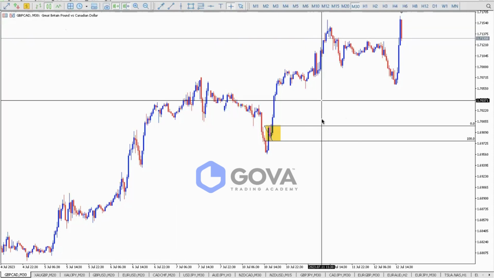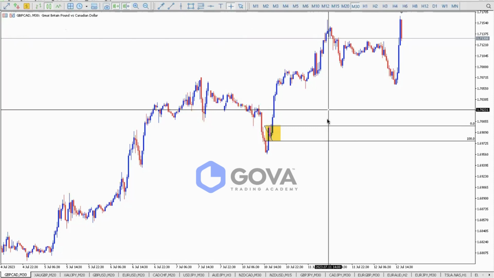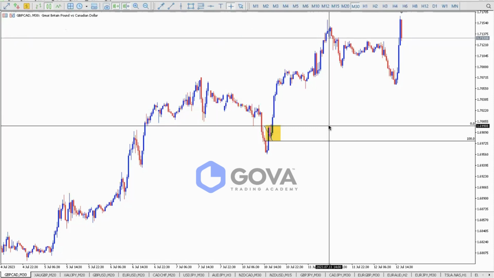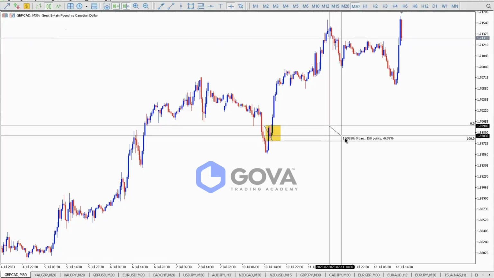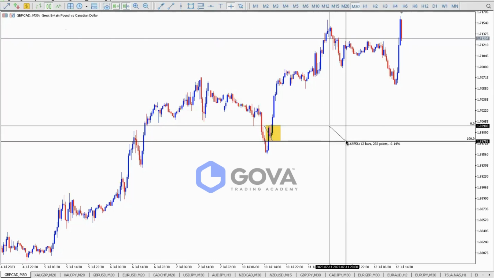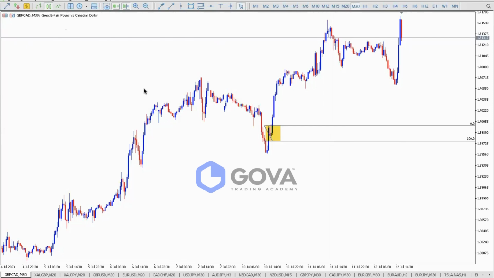Now, when you bring the cross to your zone, put it on the proximal line. When you put it on the proximal line, then drag it down a little bit to the distal line. Now on the distal line here, you can see this is a 22 pips risk. So let us write the risk.